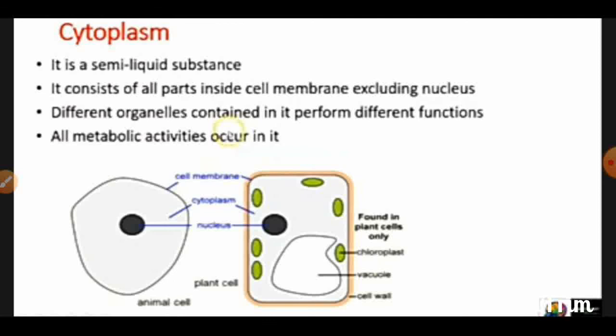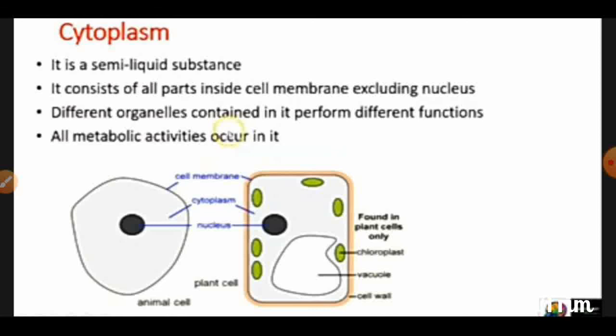All the metabolic activities take place in the cytoplasm only. What are metabolic activities? Metabolic activities are those which keep our life sustained. For example, we need energy to lead life. Like that, in the cell, energy is produced by the mitochondria.